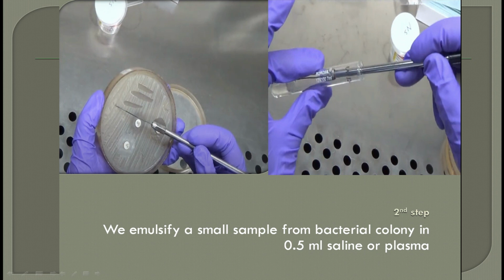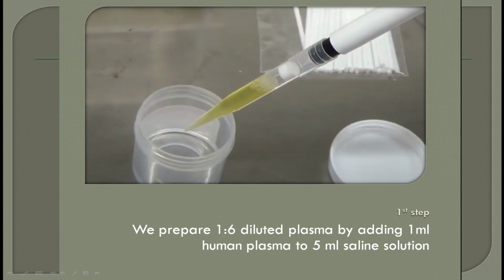Are you getting me? In the left picture, he took the bacteria. In the right picture, he is adding that small amount of bacteria to how much saline solution or how much plasma? 0.5 milliliters plasma.